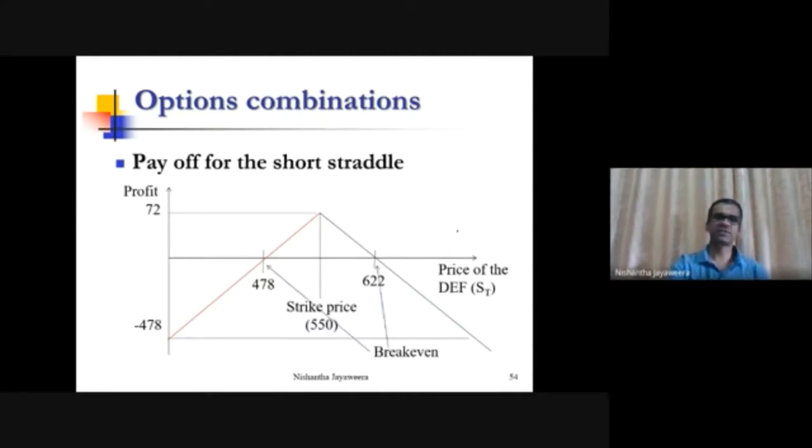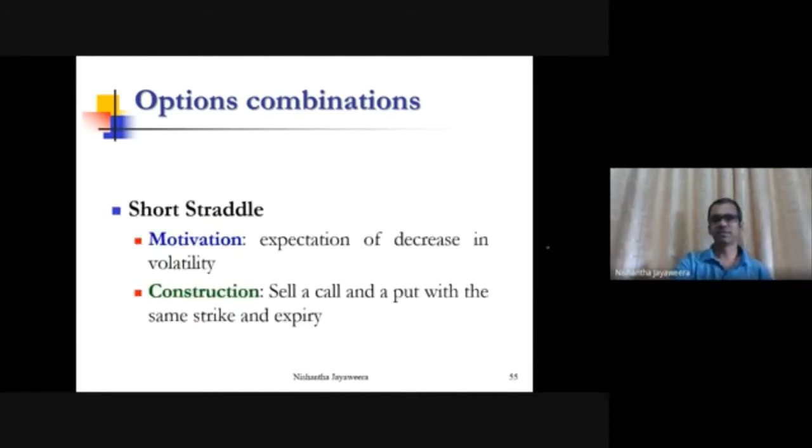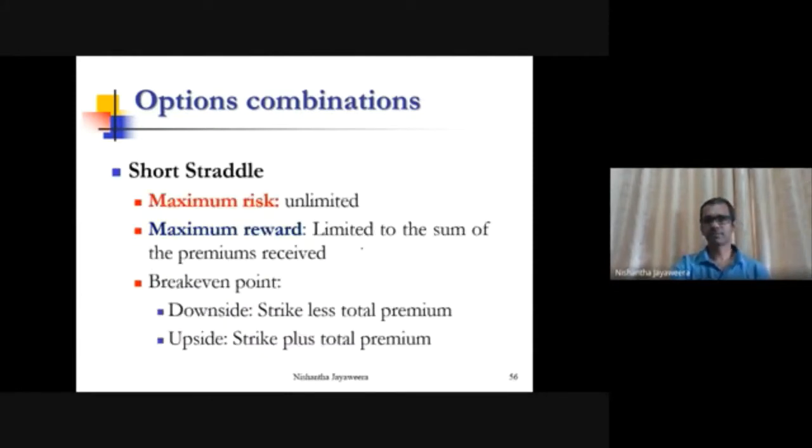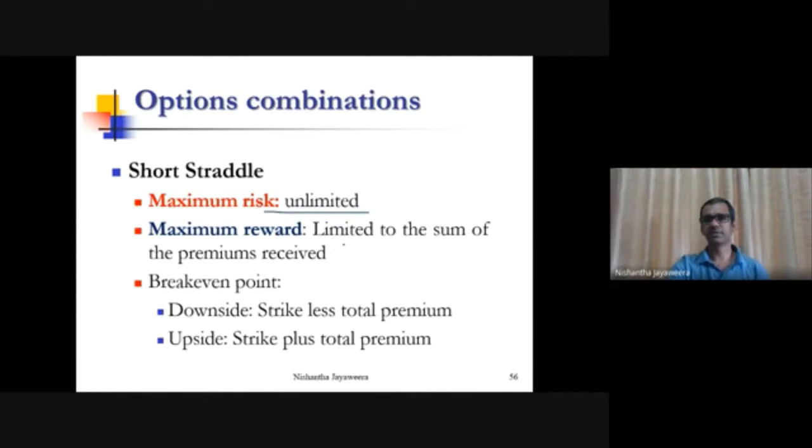You can see loss increases either way. In between the two break-even points, the maximum profit would be the premiums collected. Risk unlimited, maximum reward limited to the sum of the premiums received.